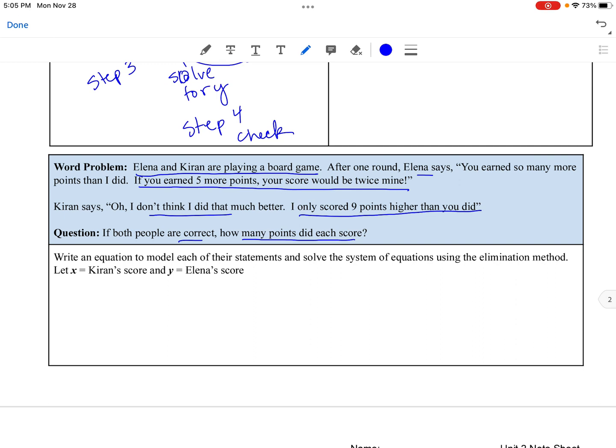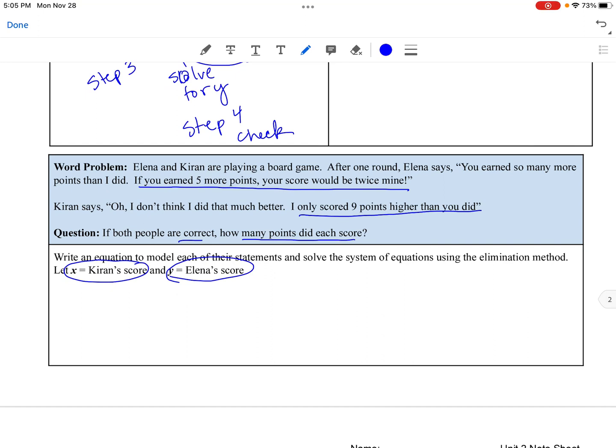We're going to use a system of equations because we have 2 variables. We're going to say Kieran's score is x and Elena's score is y. And what we're going to do is we're going to take these key phrases here and we're going to make an equation for each one.